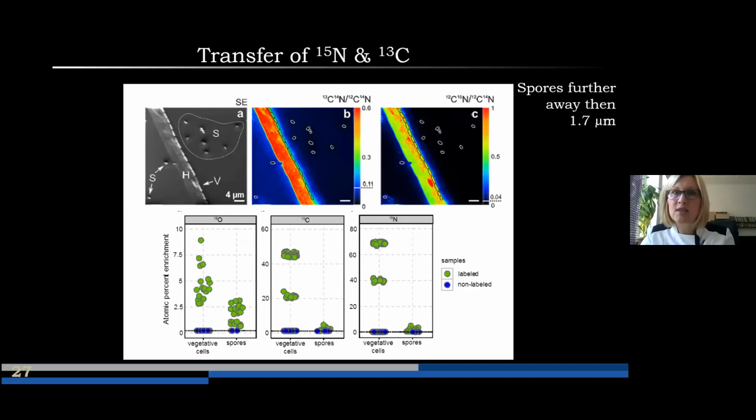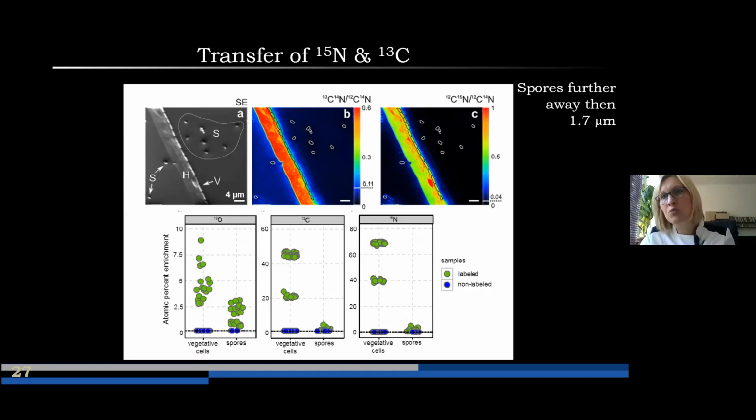What was actually a surprise for us, or let's say what we discovered with this study, was the spatial context. So what we could see is that the spores which are further away from the hyphae, starting at 1.7 to 2 micrometers, are not enriched anymore. So the leaking of the nutrients and water from the hyphae went up to a maximum of 1.72 micrometers in the surroundings.